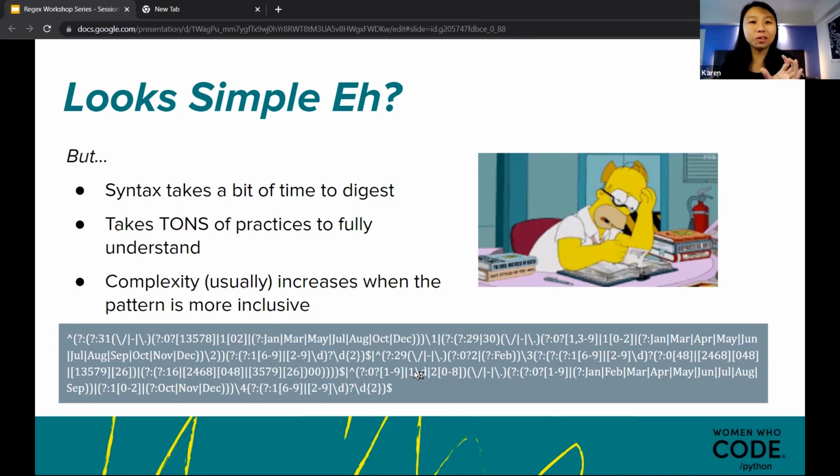The person who created this regular expression, maybe not the most efficient one, is trying to cover all sorts of variations of the date. It has February, and it looks like it's even handling leap years. I think it covered February 29th, so valid dates.